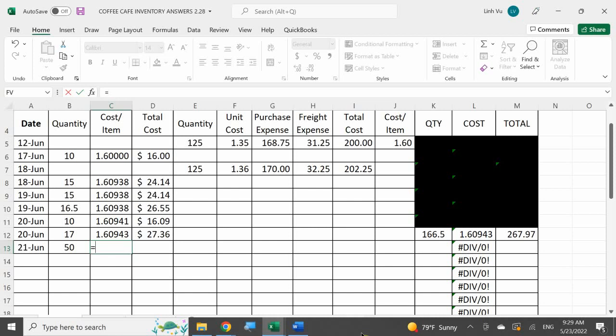That's the total, 267. That's how much it total cost me, but what is my cost per item? So if I sold 1 pound of coffee, how much is it per pound? What's my cost per item?